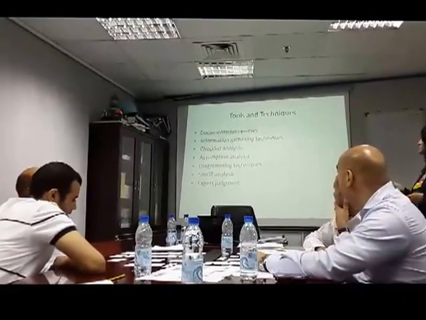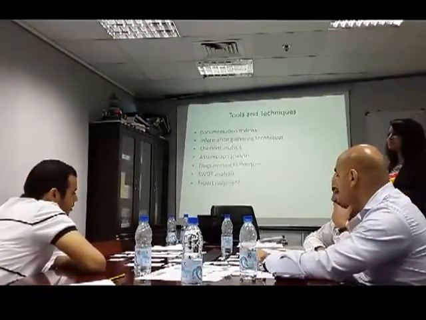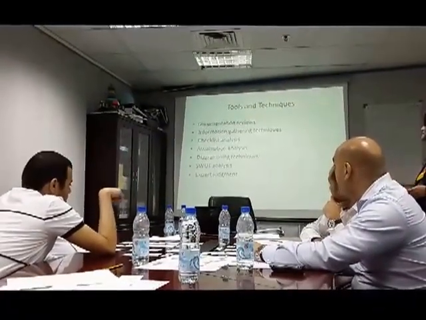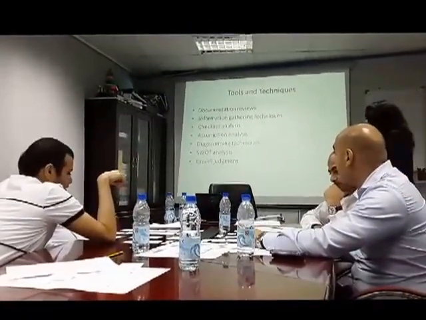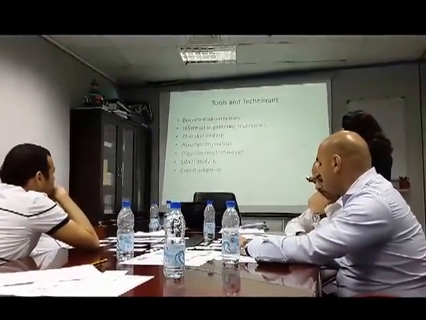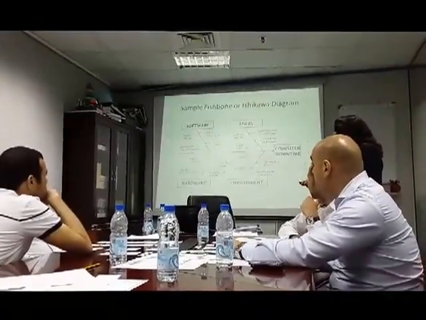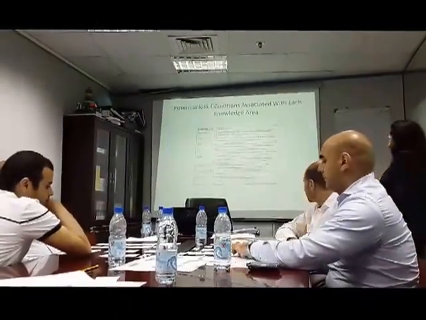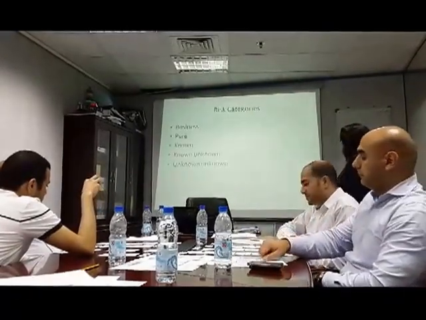And then we move to the tools and techniques. Remember, we started with documentation reviews, information gathering techniques, checklist analysis, assumption analysis, diagramming techniques, SWOT analysis, and expert judgment. And then we went to our output, which is the what? Risk register. Okay, great. You did a good job. Excellent job, actually.